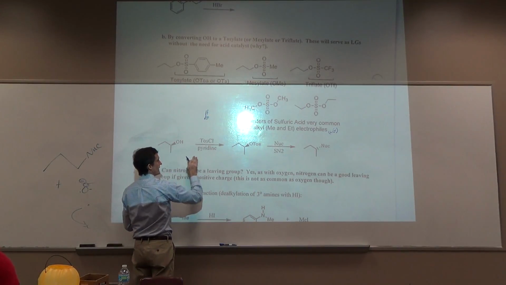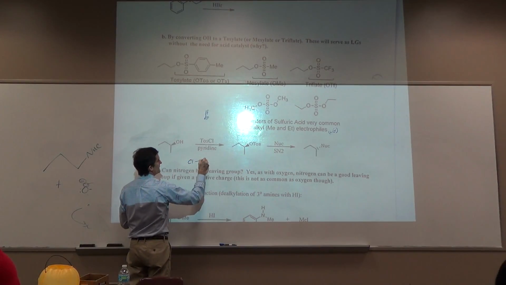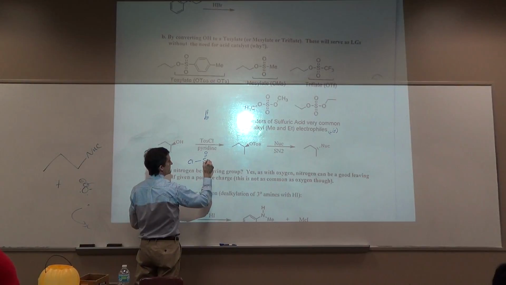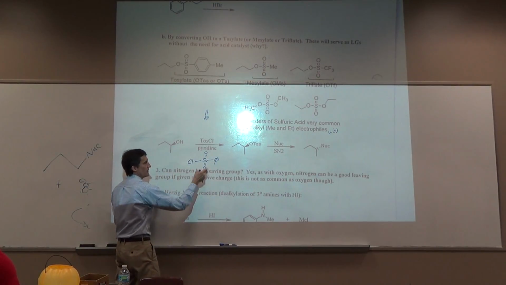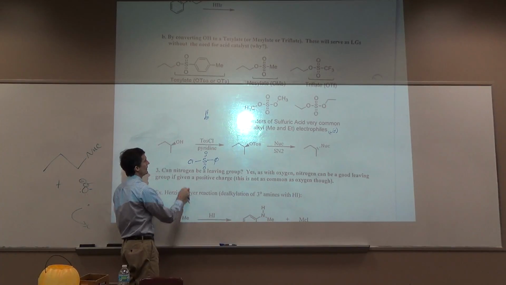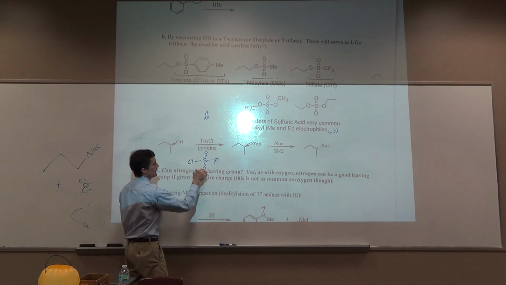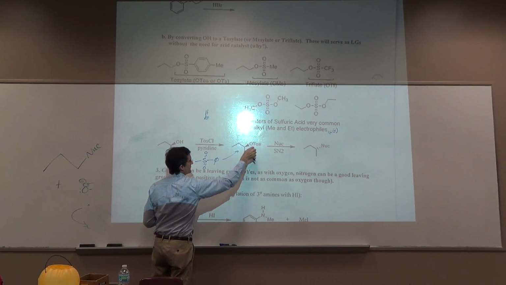You actually use something like tosyl chloride. That's where you have the chlorine bonded here. Then you have the toluene ring. And this first reacts here and displaces the chlorine to get this.